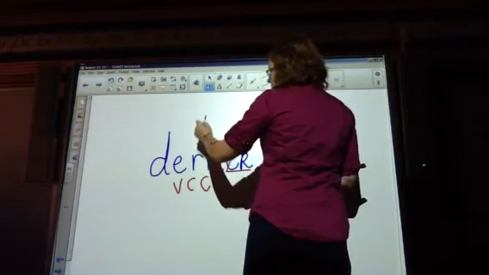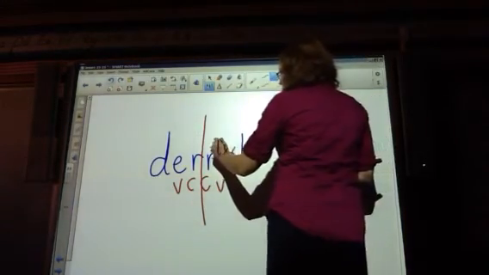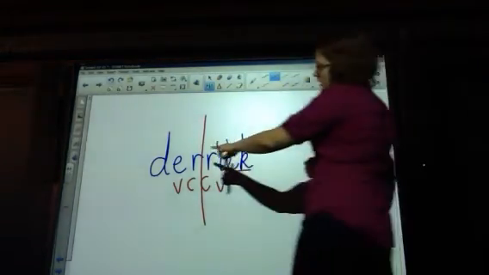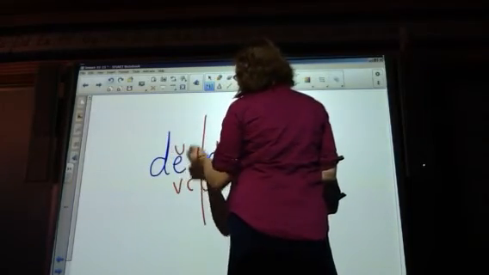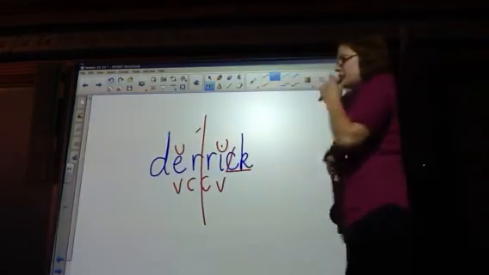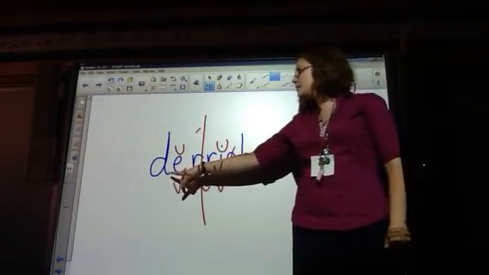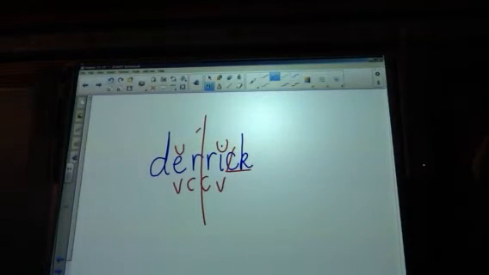In the middle, between the consonants. Okay, I've got a vowel followed by a consonant, so I'm going to code that with a breve. And up here, it's a little bit different since there's that extra R. I'm going to code this with a breve too. So, this word, let's see if we can read it with the way I coded it. Derek. That could be a boy's name.